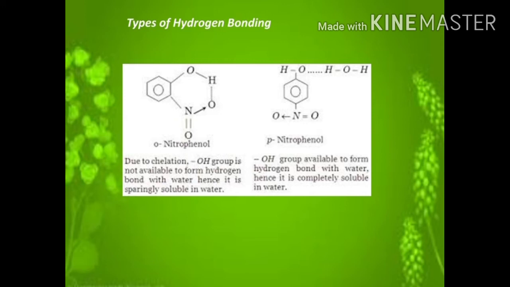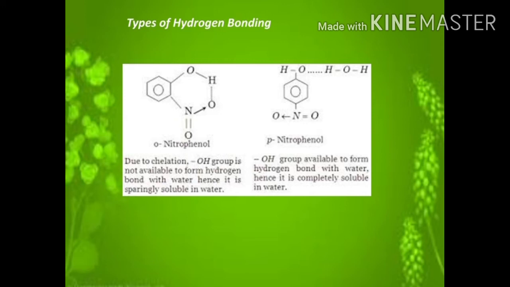In paranitrophenol, two substituent groups OH group and NO2 group occupy the opposite ends of the benzene ring. Therefore, that is called as paranitrophenol. Now we are going to compare the solubility of orthonitrophenol and paranitrophenol.